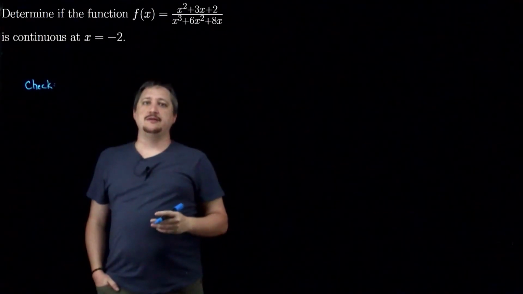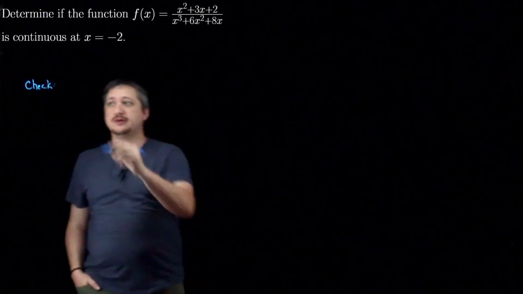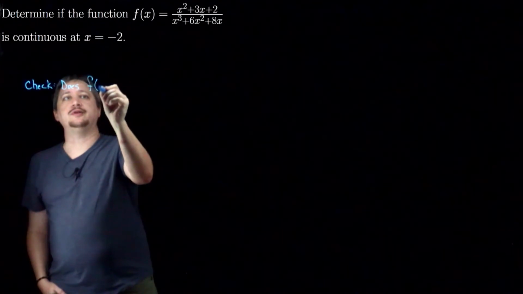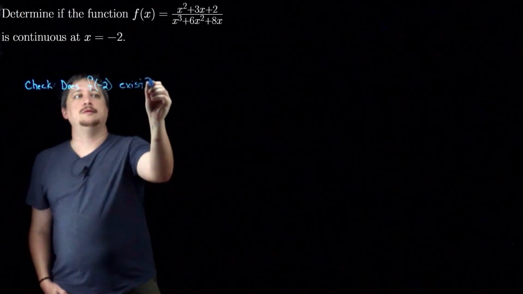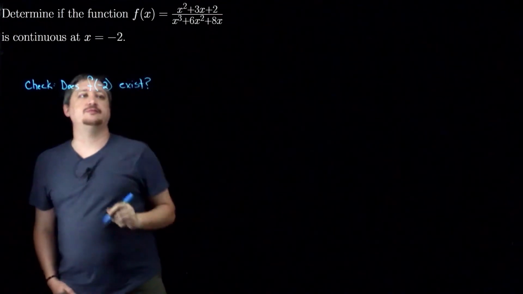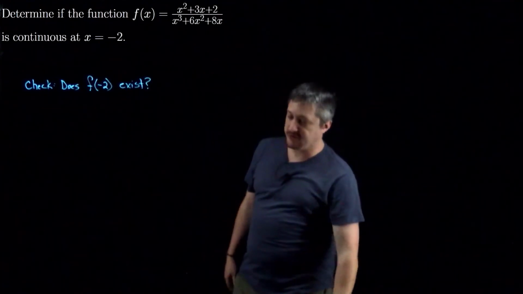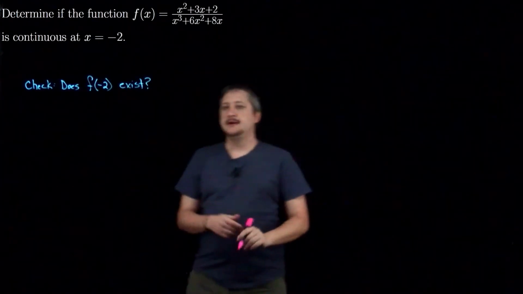I want to check, again in general, the limit existing, but first I'm going to start with, does f of my point, -2, exist? Because remember, I need all of those things to be true, and so if this doesn't work, then I'm done. I don't have to worry about doing any of the limit stuff, right?